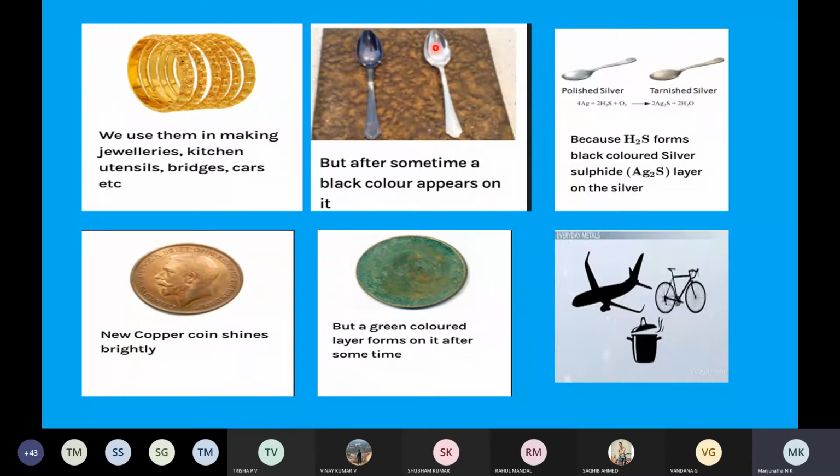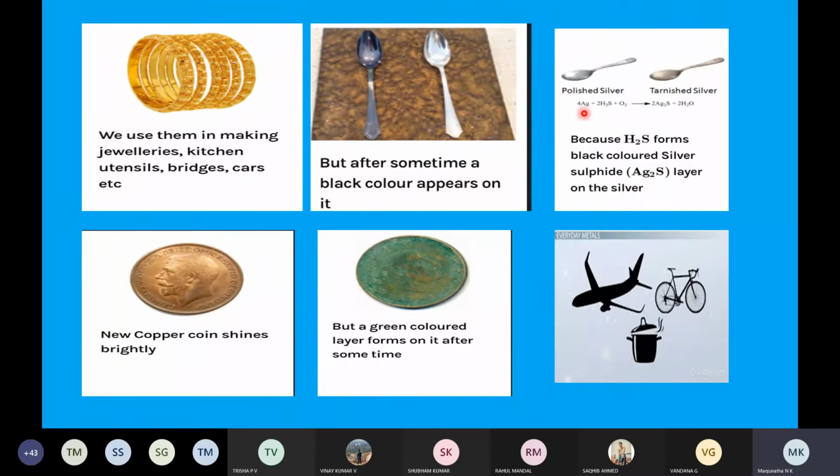Once a spoon made of silver is exposed to the surrounding environment after some days, it undergoes a chemical reaction with the surrounding environment in the presence of air or oxygen and moisture. A black color appears. This formation of black colored precipitate indicates the loss of the silver metal, due to the formation of silver sulfide.